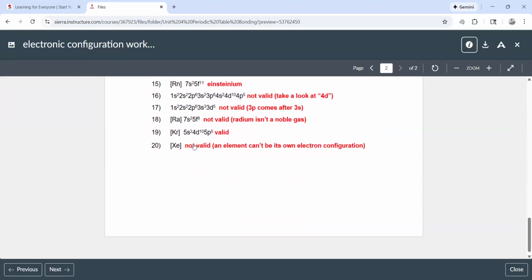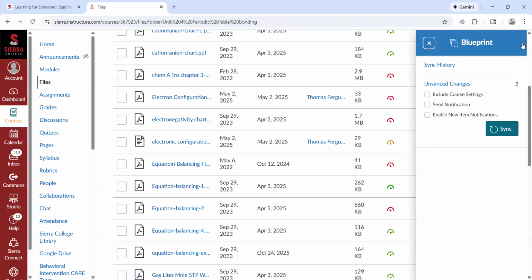And those are the answers. And the only problem with this one, it's got F's in it too. So what I need to do is give you one that doesn't have F's in it. So I'll upload a replacement for that.